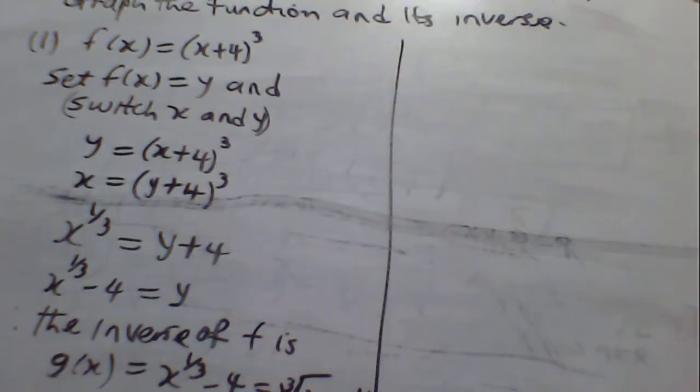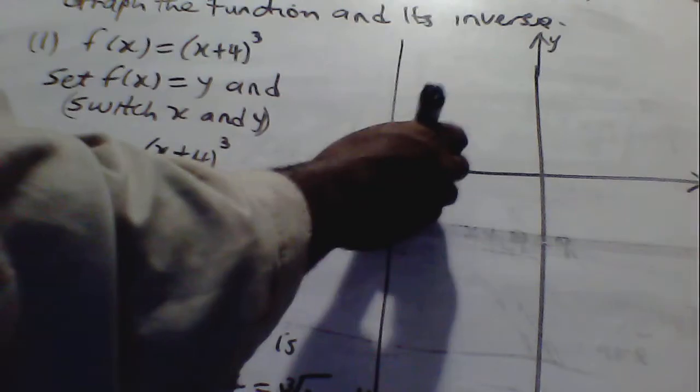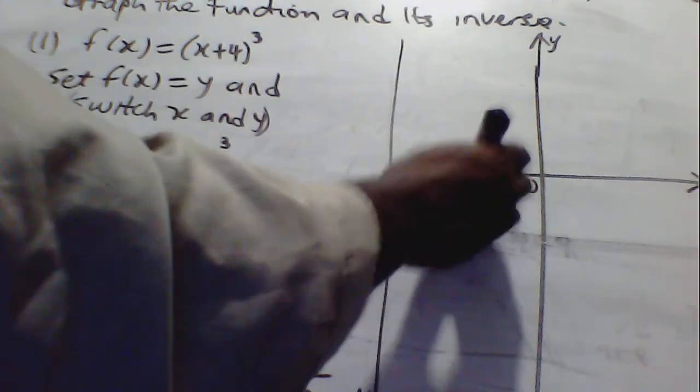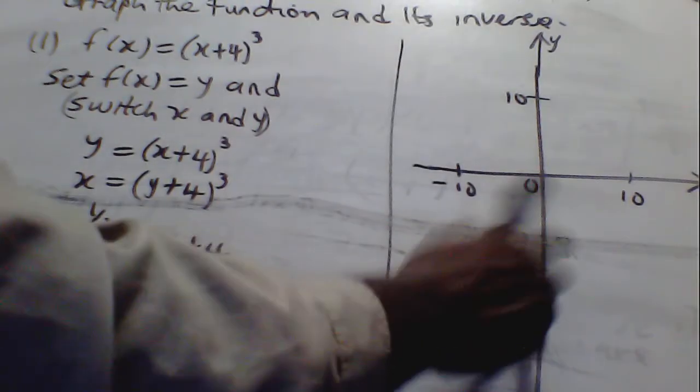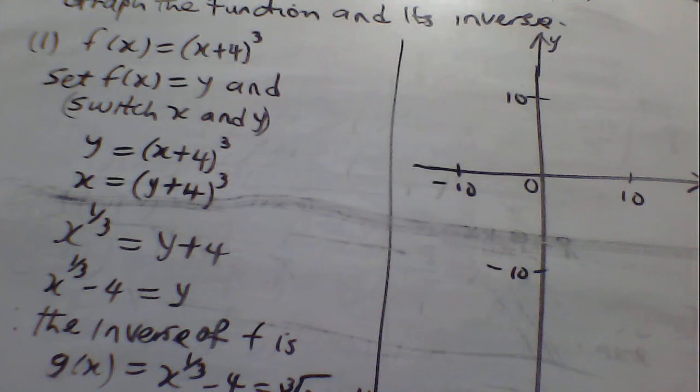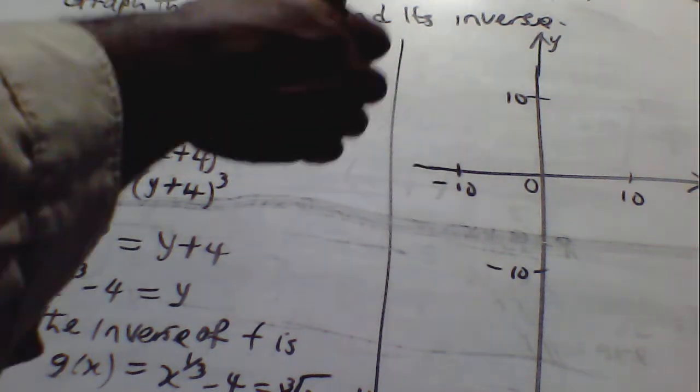You draw a line here so we can plot the graph. So putting the graph here, here is y, here is x. Here is minus 10, here is 10, here is 10, here is minus 10. So once you did that, you plot the first one.